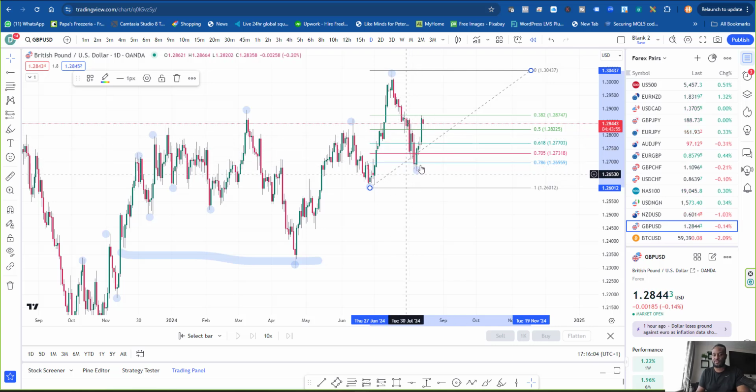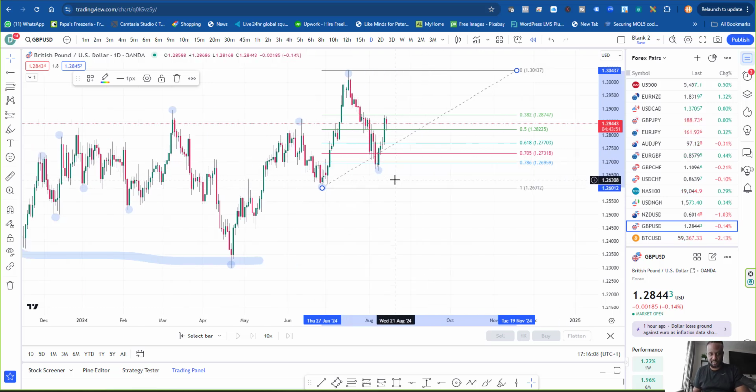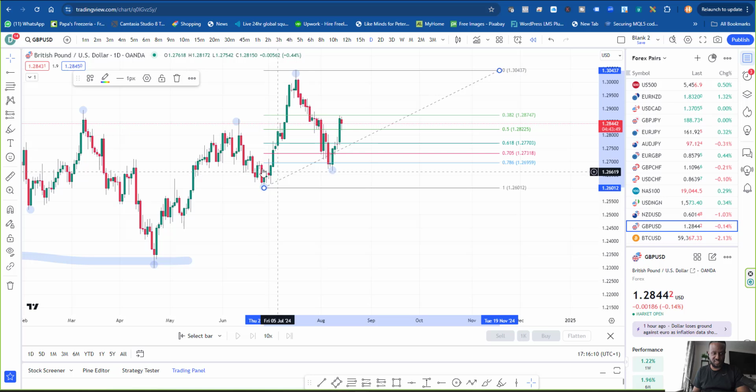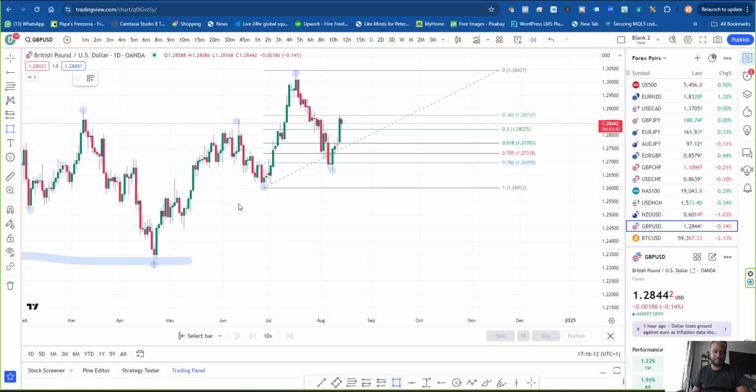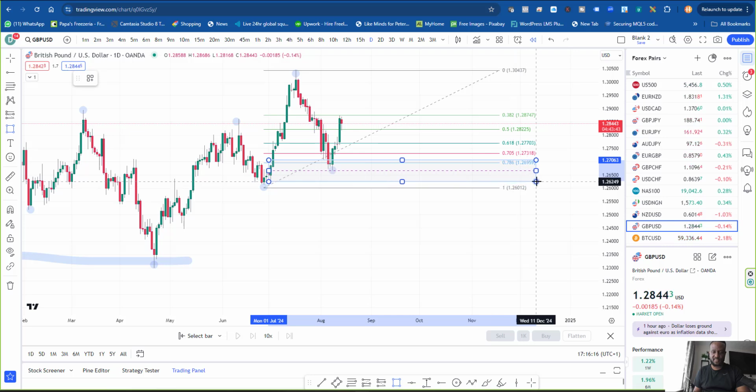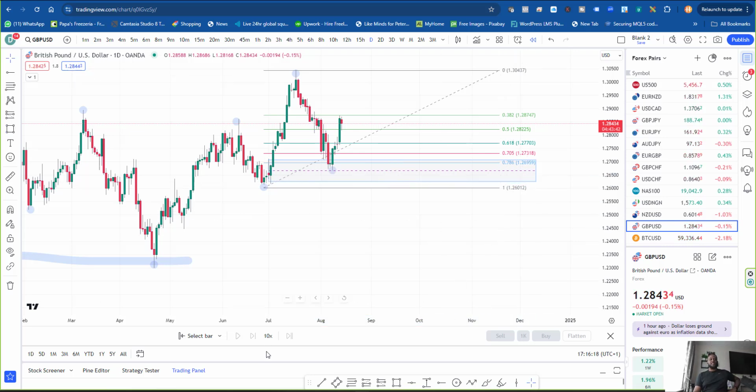We took out some of that and broke the 78.6, but that was because price was coming into this area here. So there was a zone here that price was coming into. So price now has pushed out of that zone, pushed through this supply area here, kind of breached it. So my expectation is price will continue to go up.